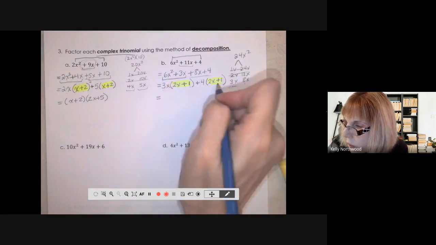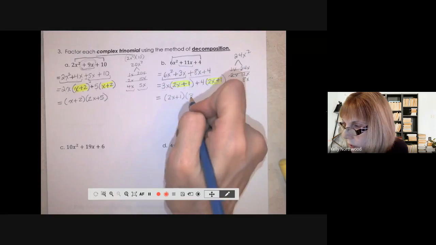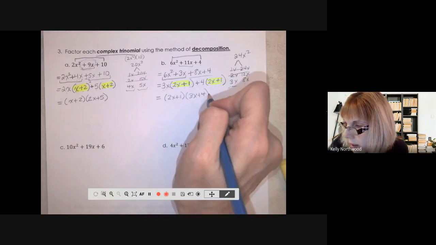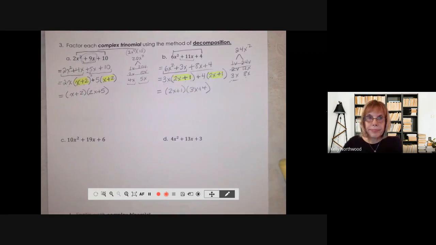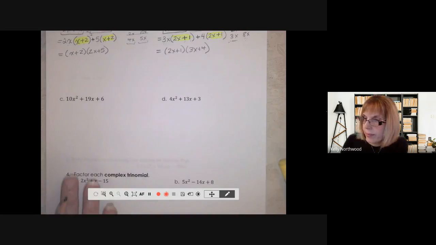So your common binomial is 2x plus 1, and your leftovers form the other bracket. Okay, next one.